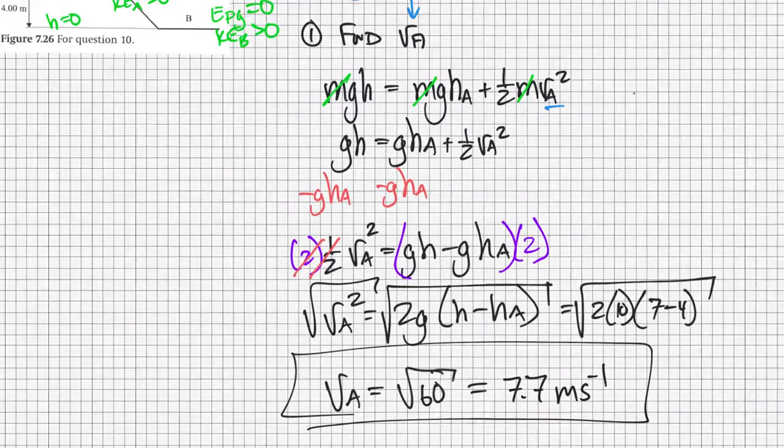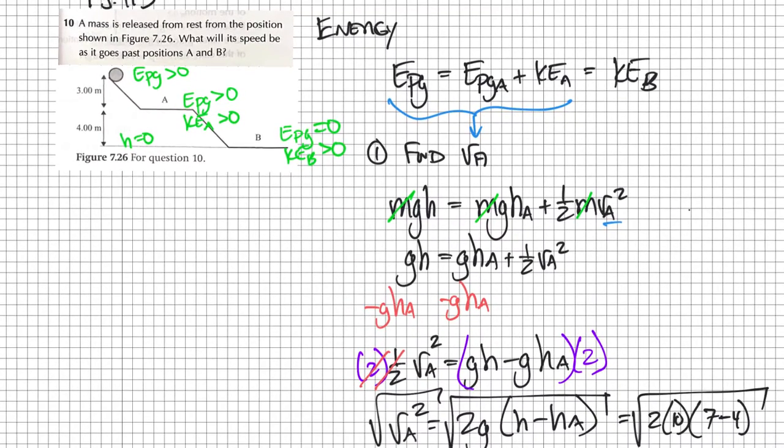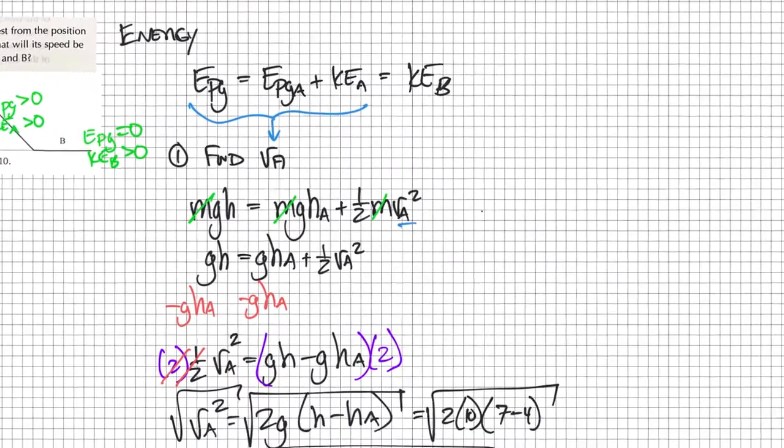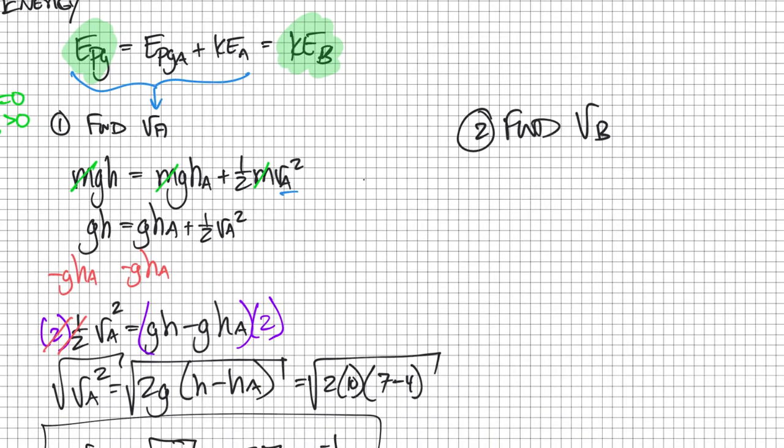And then for the velocity at B, I'm going to do the same thing. For part 2, I'm going to find v B. And in that case now, I'm going to use this and this, because that's going to be the simplest setup.